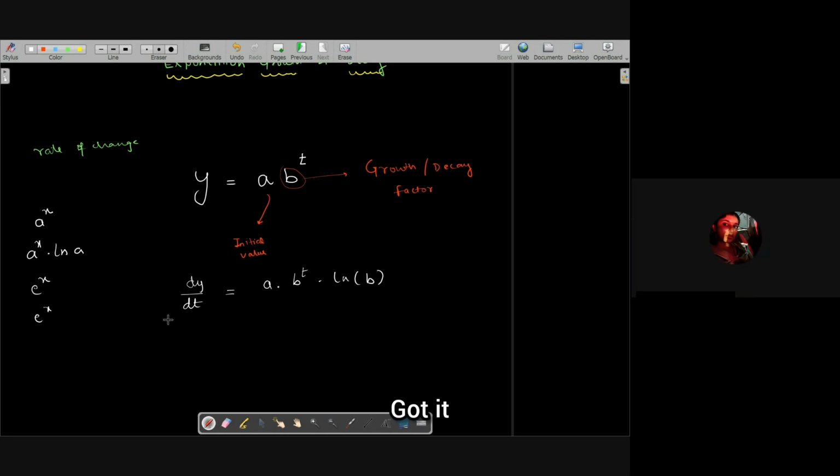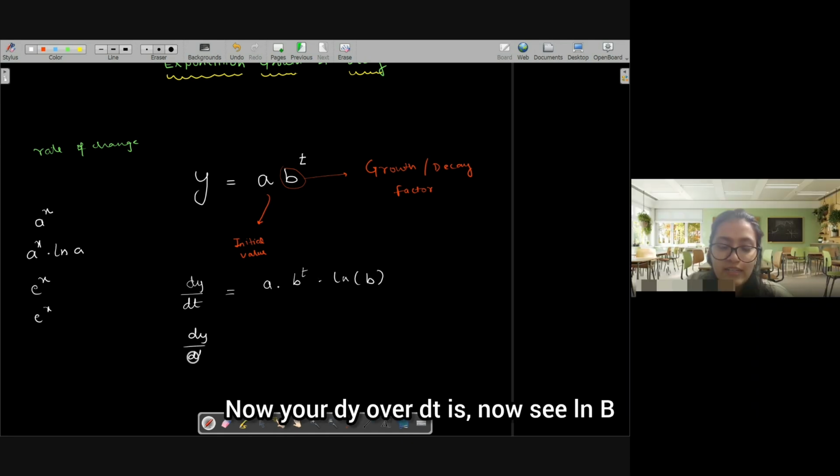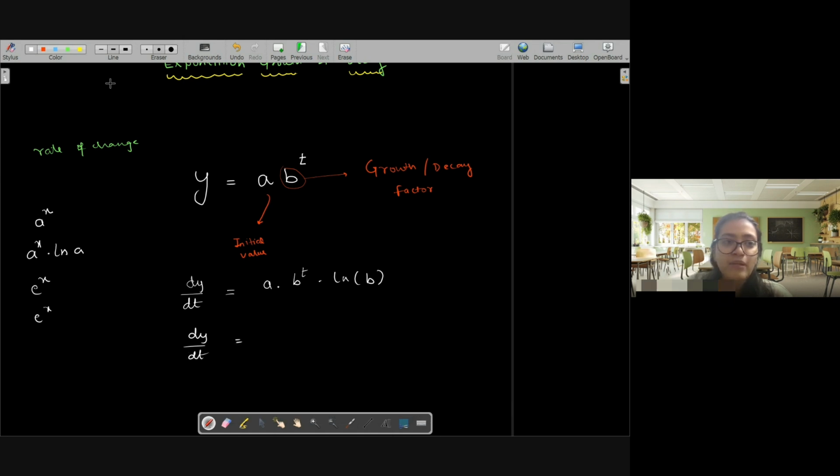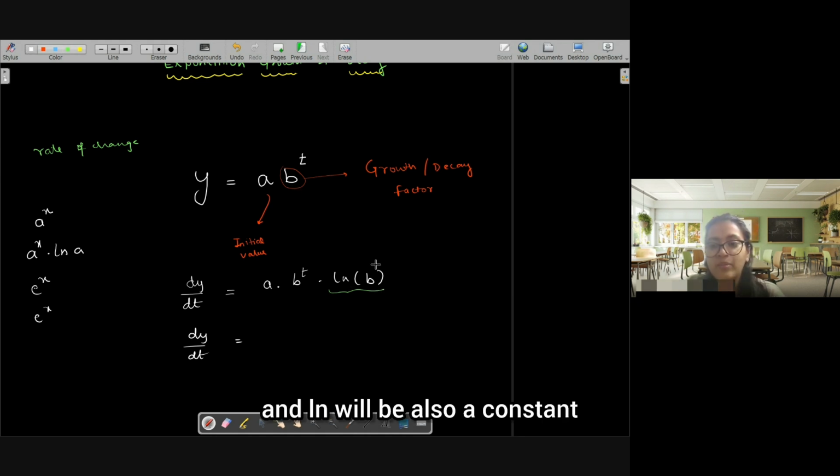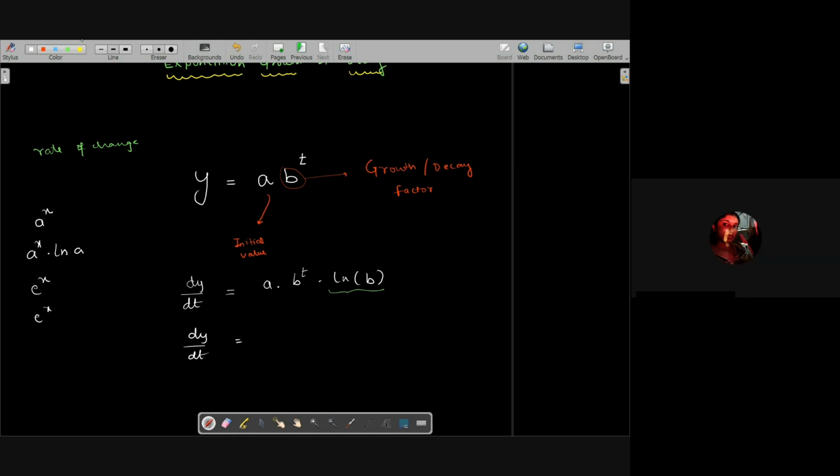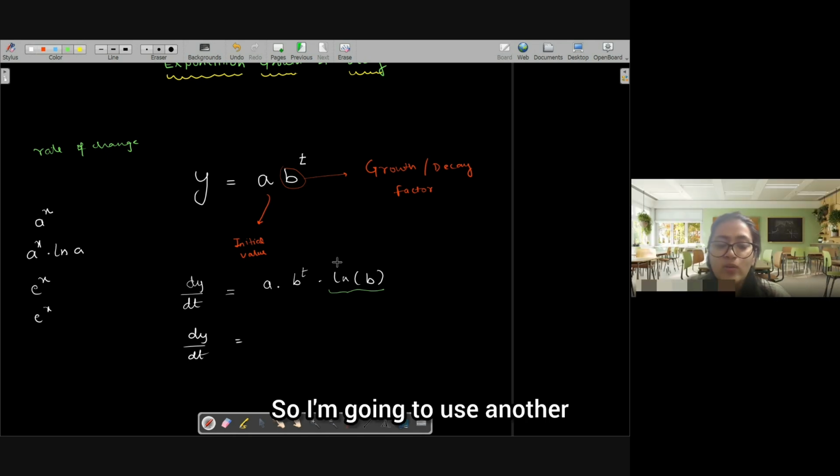Now your dy over dt is a times b raised to t times ln b. See, ln b is just a constant. So I'm going to use another variable, let's say k, to represent this constant.